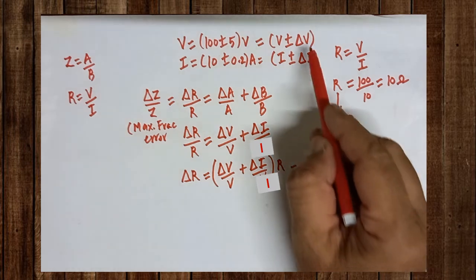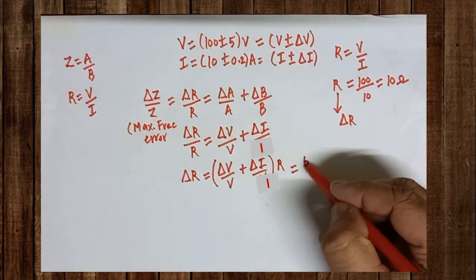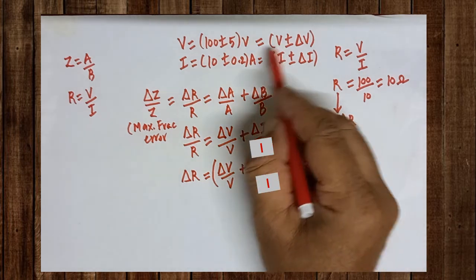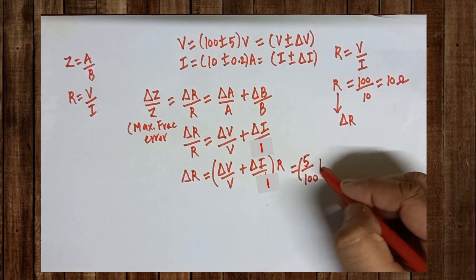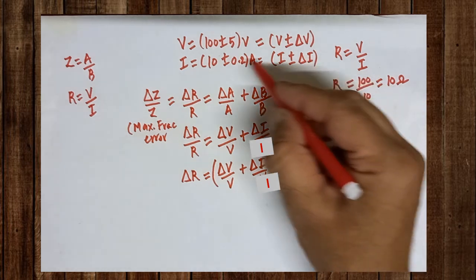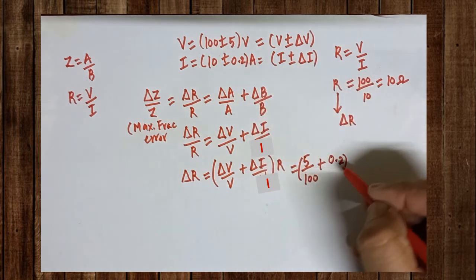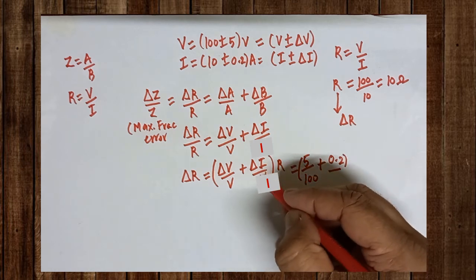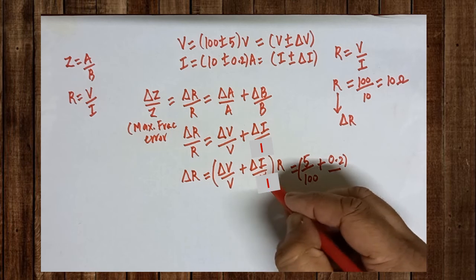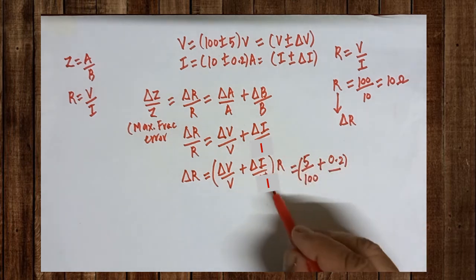What is the value of del V? Del V is nothing but 5. V value is 100, plus del I 0.2, divided by, what is the value of I? By mistake I wrote it here as V. What is the value of I?